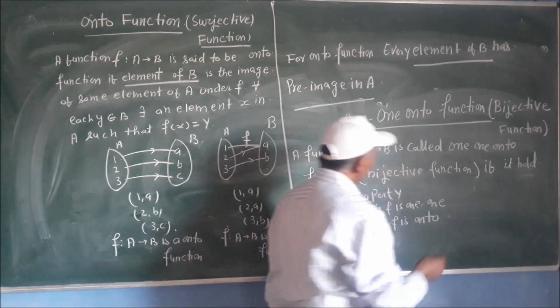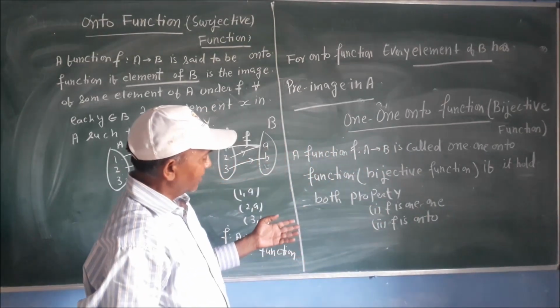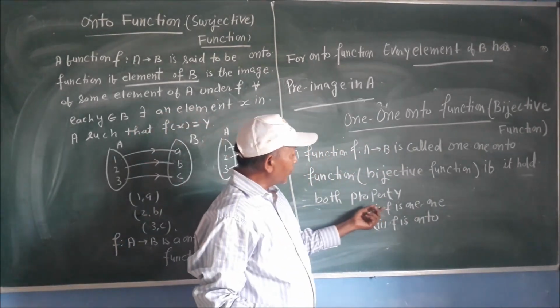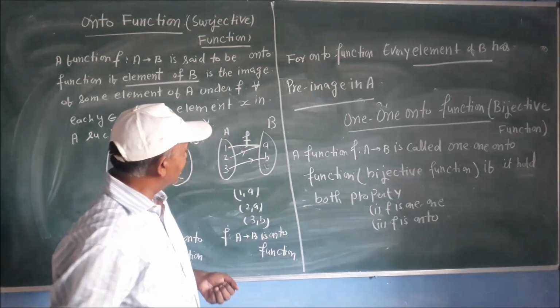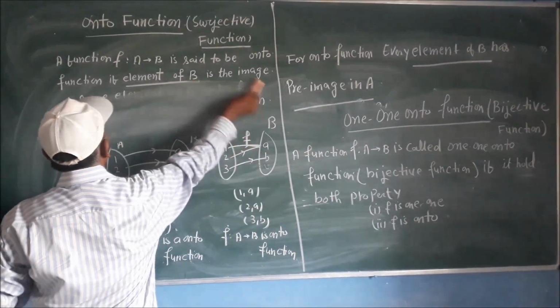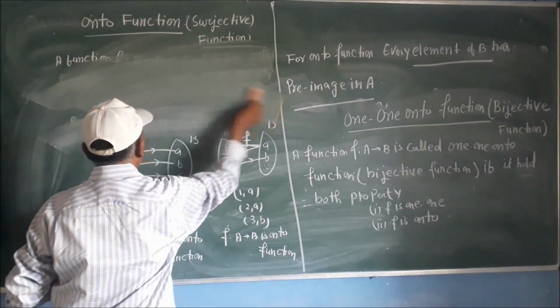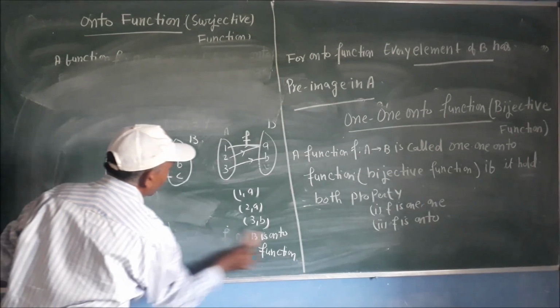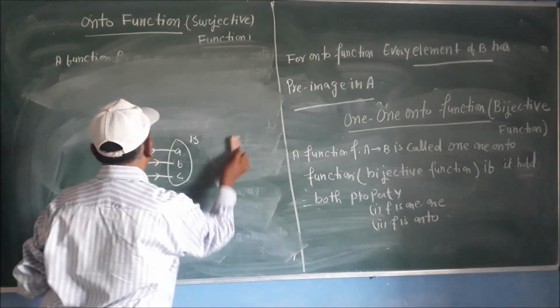That means a function is made such that every element of A and B has three images. See the example.